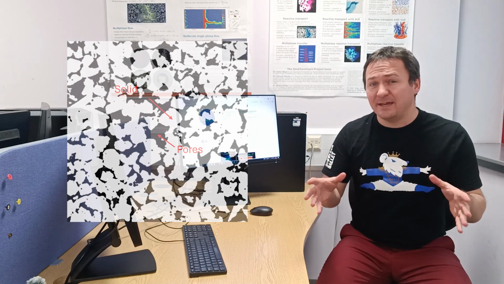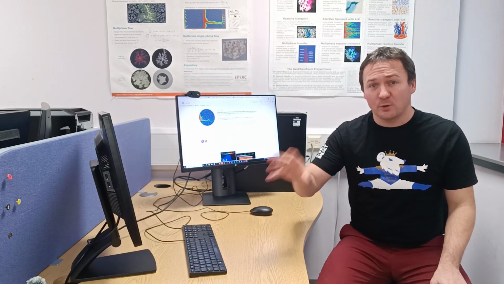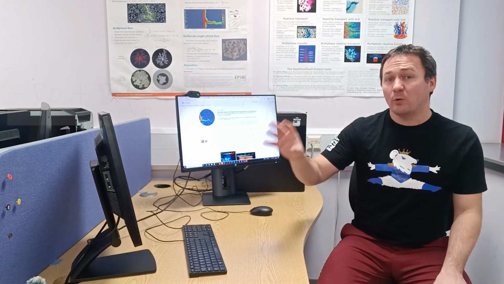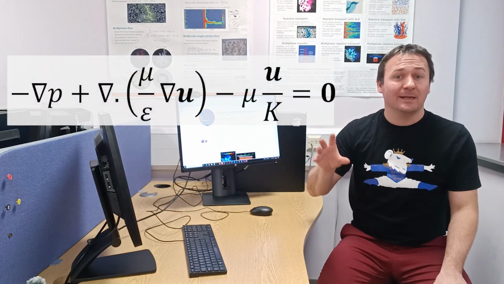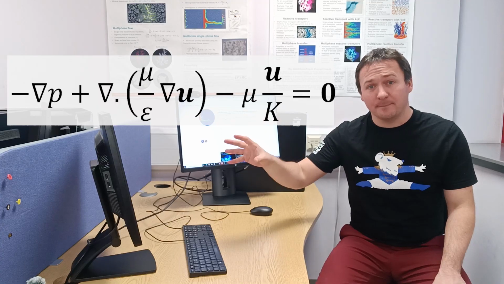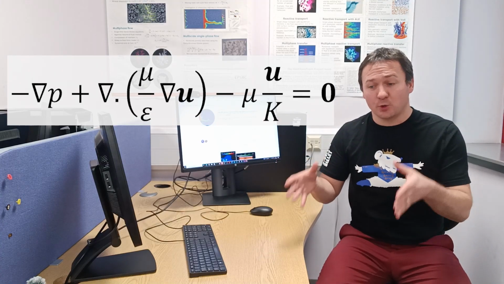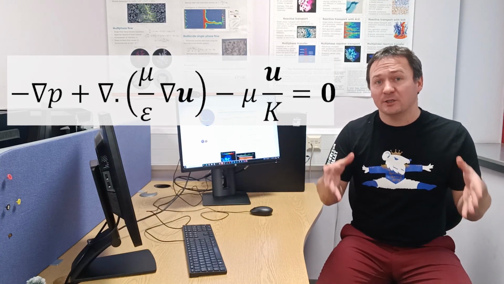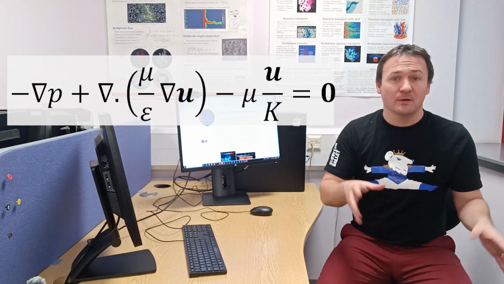What GeoChemFoam needs is, for every voxel, a local porosity epsilon and a local permeability K. We're going to see how the code automatically generates these fields from the CT image.